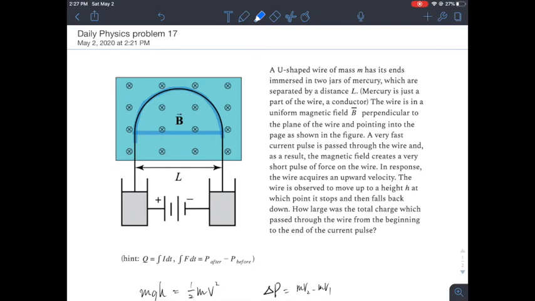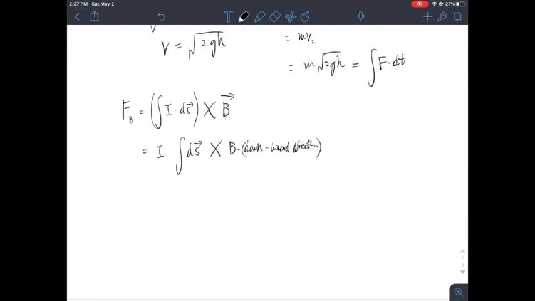The other parts just don't contribute. They cancel out, one to the left, one to the right. Only this part was useful, because we only care about where they are perpendicular to each other. So we can ignore the curvature. Instead of pi L, we just think about L. So the magnitude of the force will be equal to I times B times L. And the direction will be upward because it's being lifted up from the floor.